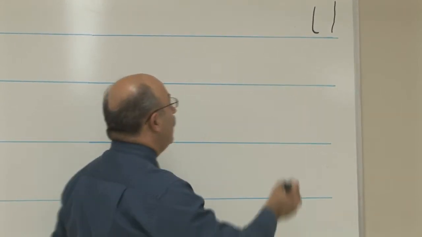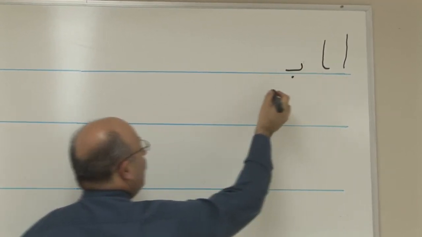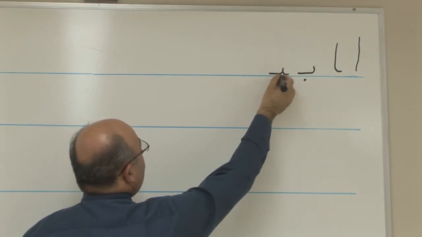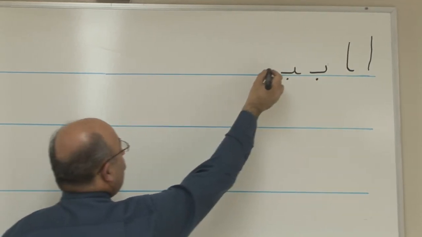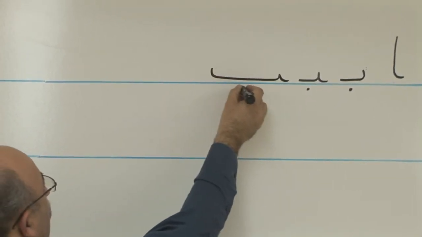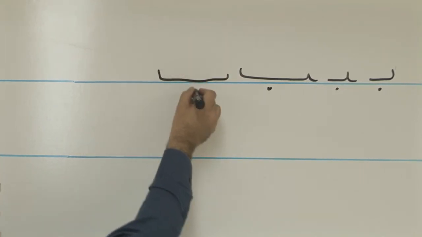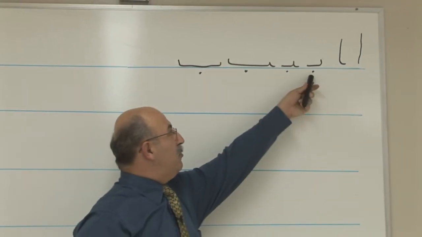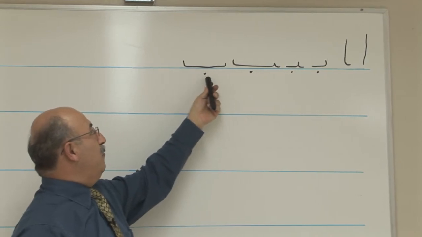These are called initial, middle, which connects from both ends, terminal, which connects only one end, and finally standalone, as you saw in the beginning. Initial, middle, terminal, and standalone.